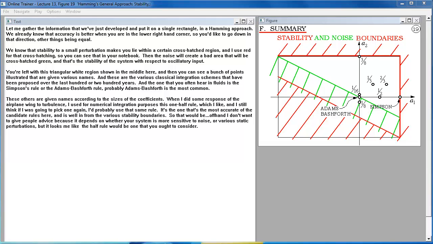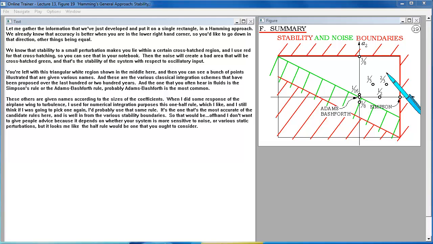Then the noise will create a bad area that will be crosshatched green, and that's the stability of the system with respect to oscillatory input. You're left with this triangular white region shown in the middle here, and then you can see a bunch of points illustrated that are given various names, and these are the various classical integration schemes that have been proposed over the last 100 or 200 years.